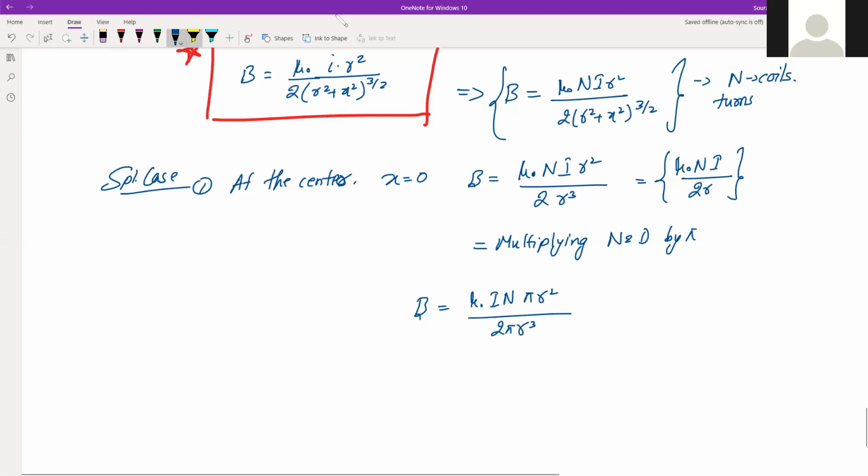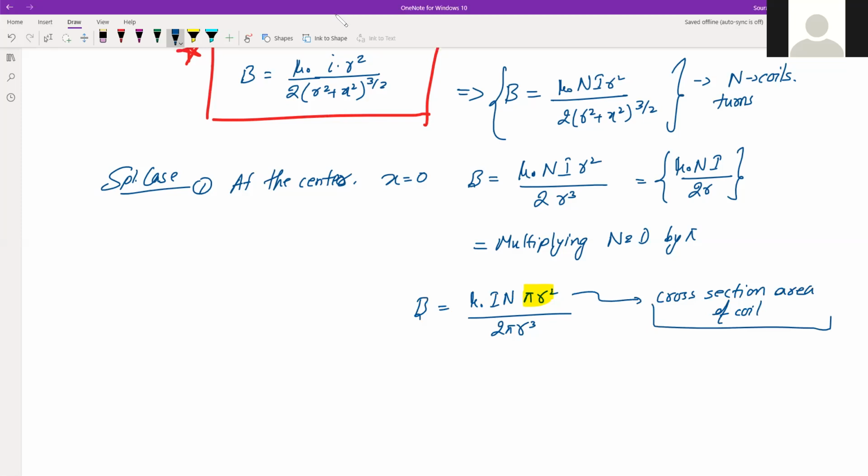Now in this, pi r square is actually the cross section area of the coil, and we will represent this as capital A. So now B will be equal to mu naught n I A divided by 2 pi r cube.